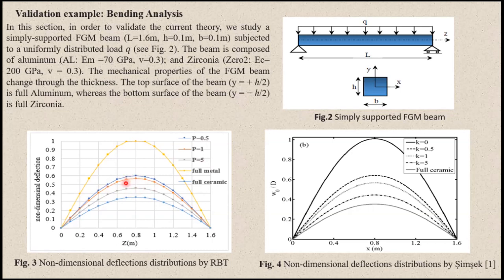For the FGM beam, the non-dimensional transverse deflection decreases as the power law exponent increases. This is due to the fact that an increase in the power law exponent leads to a decrease in the bending stiffness of the beam.